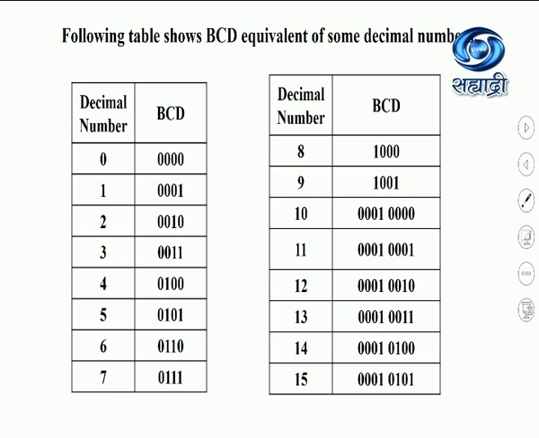Decimal number 0, for that we have BCD code 0000, and for decimal number 9 we have BCD code 1001, and for decimal number 10 the BCD code that we have to write is 00010000. Okay. Likewise, we have to write the BCD code for corresponding decimal number.